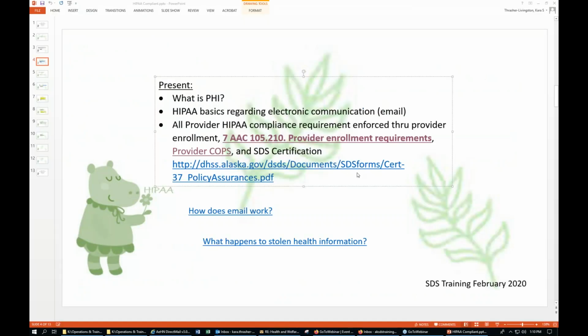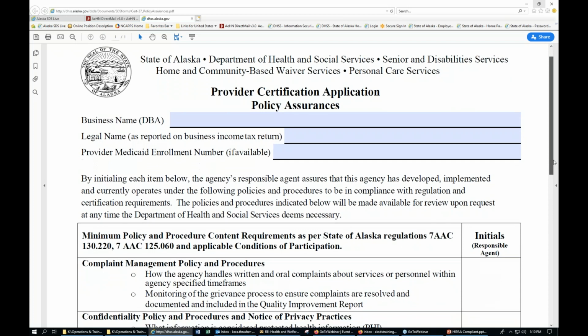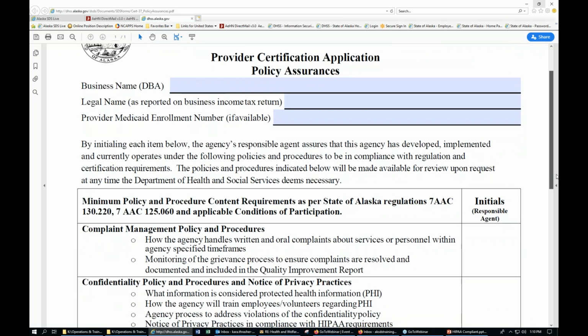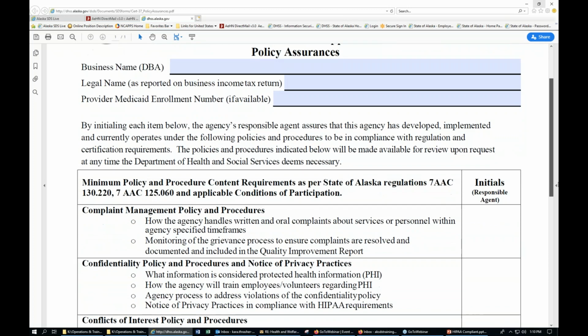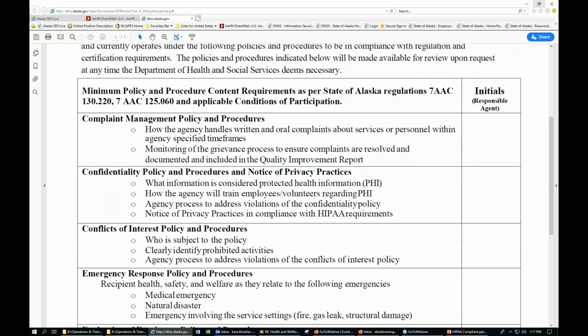I have my PowerPoint. The last link here is a document that is filled out through our certification process. And I'll open that. Certification application policy assurances. This tells that we assure through the certification process that we have this type of policy and procedure developed, and there was a responsible person who did that, and it's right here in this area.